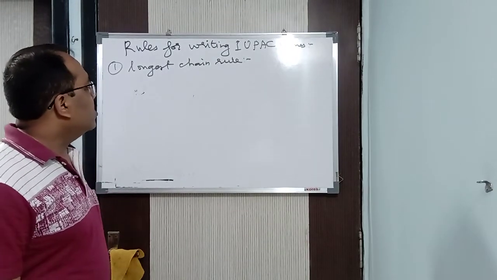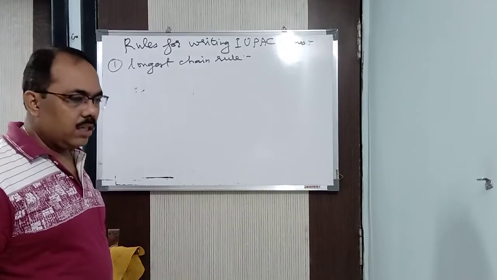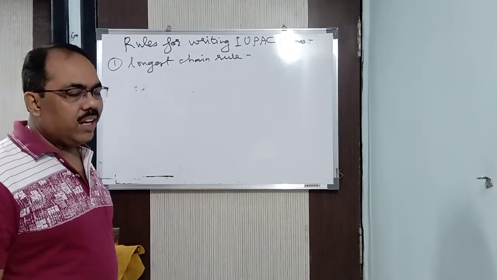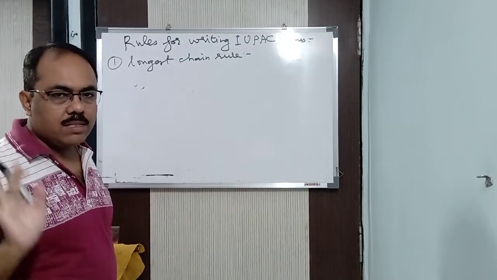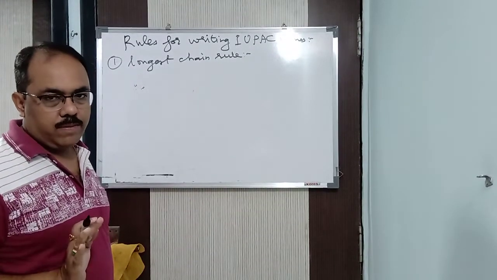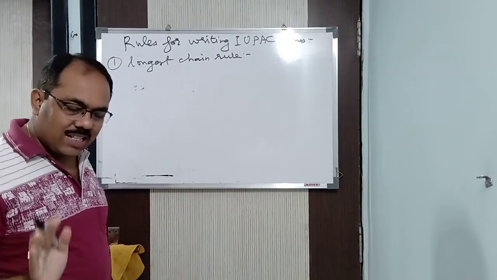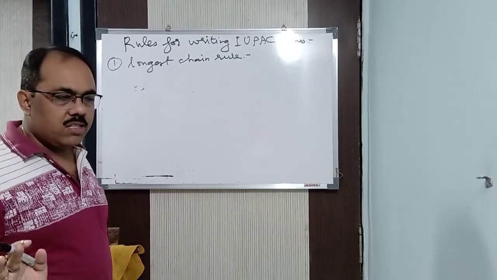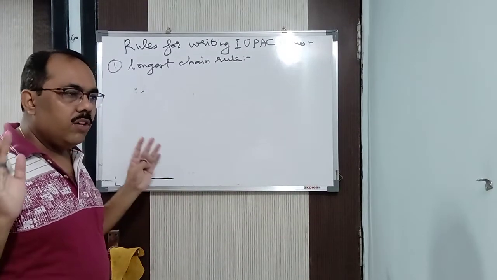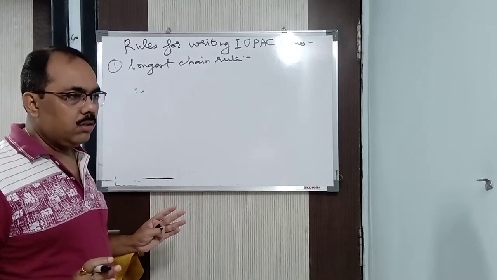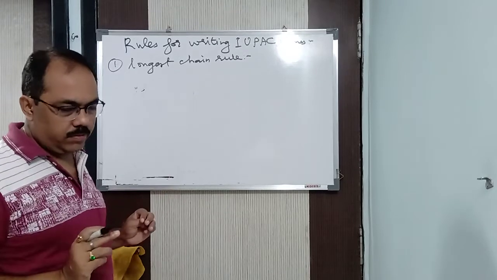Now, what is the longest chain rule? If a given compound contains a number of carbon atoms, then we select that particular chain as the longest chain which has the maximum number of branches.